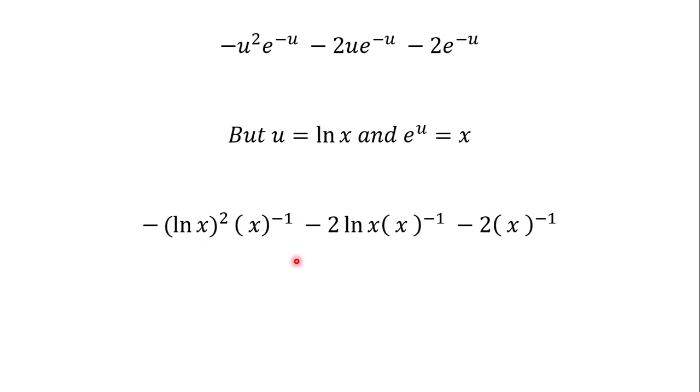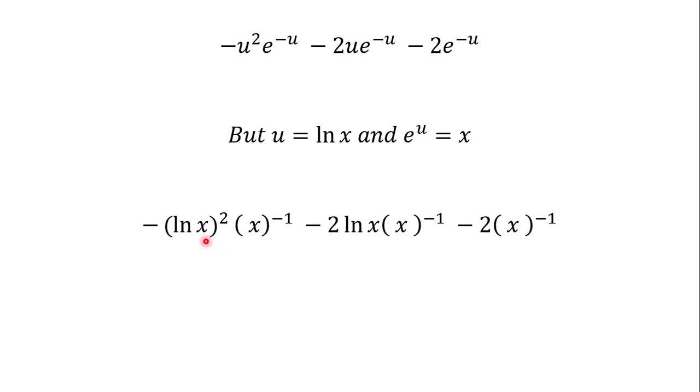Remember I said that when you are having 1 over a, it can be written as a raised to the power minus 1. The same thing is applied here. When you are having a raised to the power minus 1, it can be written as 1 over a. So this one can also be written as 1 over x, and also this one can also be written as 1 over x, in that order.